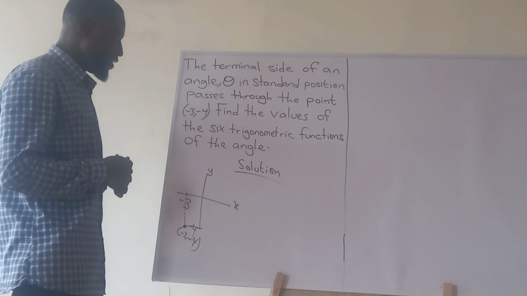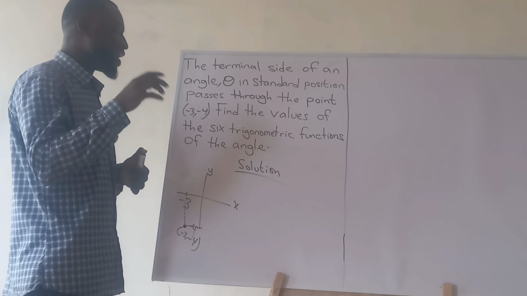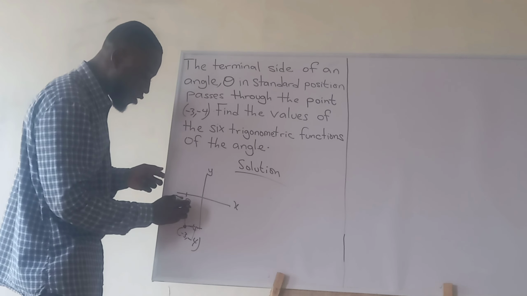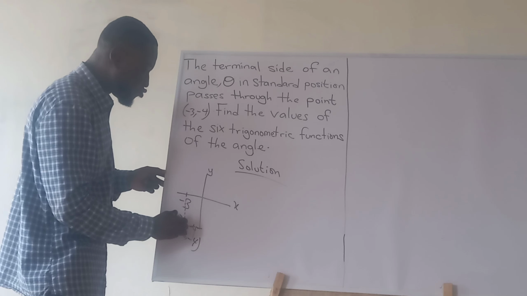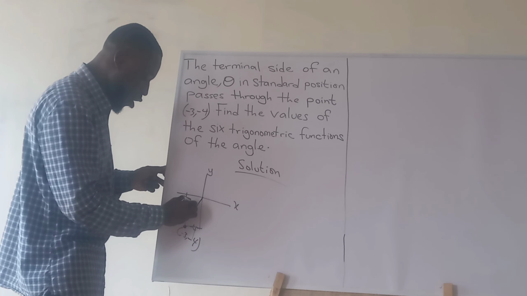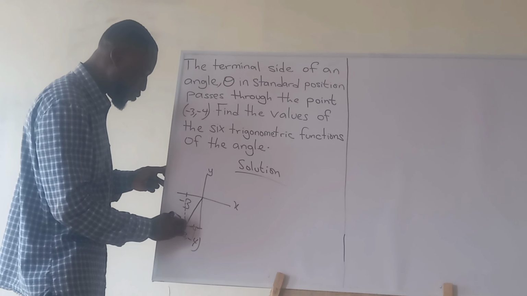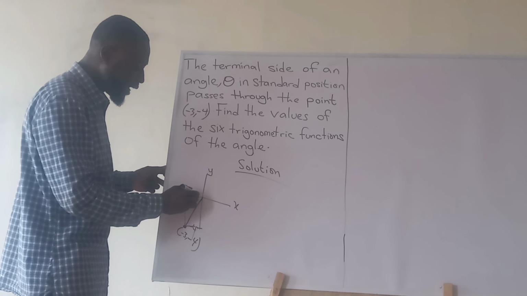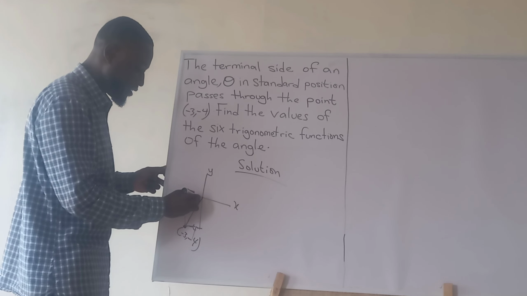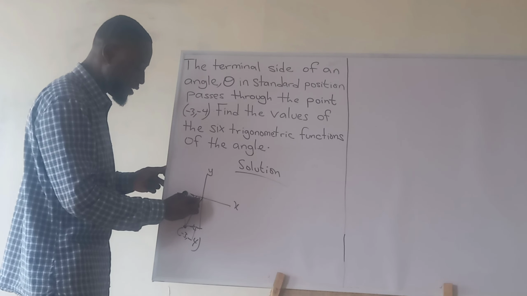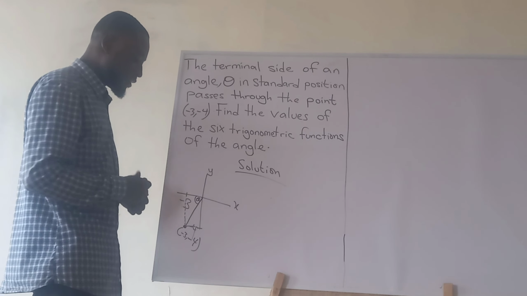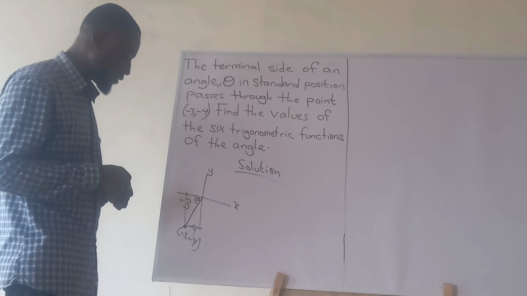After doing this, this is the terminal side of the angle theta in standard position, meaning from the origin, passing through the point. That is standard position, which makes an angle on the x-axis, always on the x-axis. The angle should be always on the x-axis, not the y-axis. We take note of that.